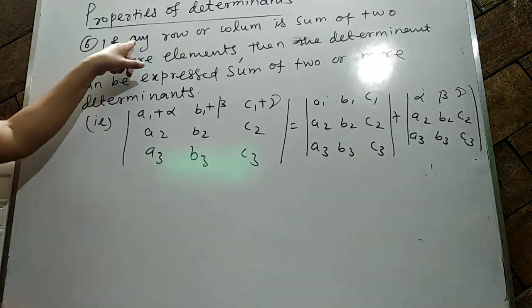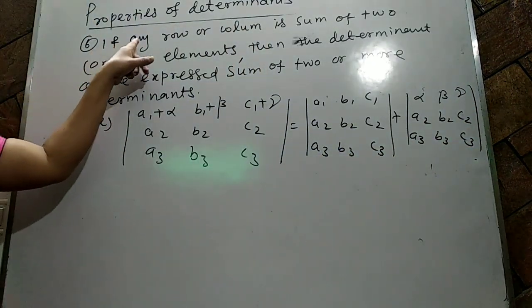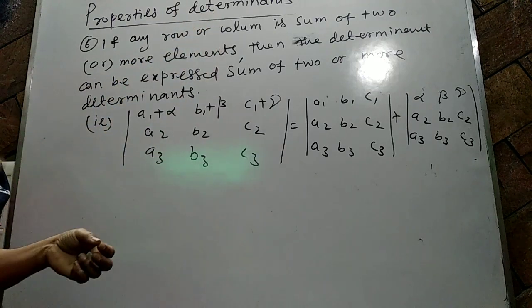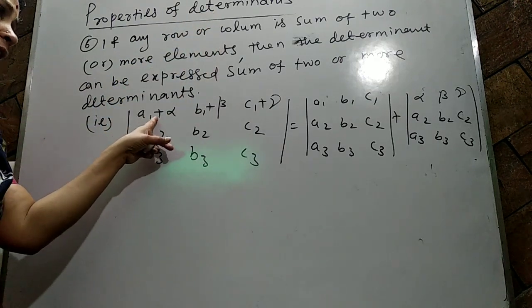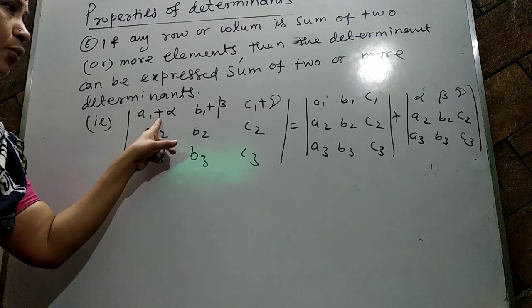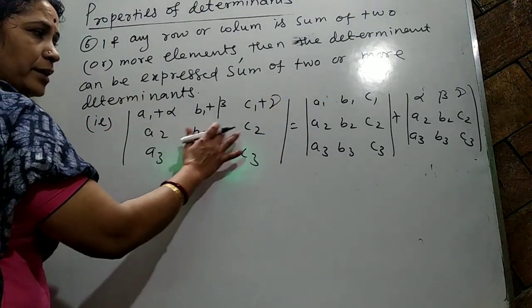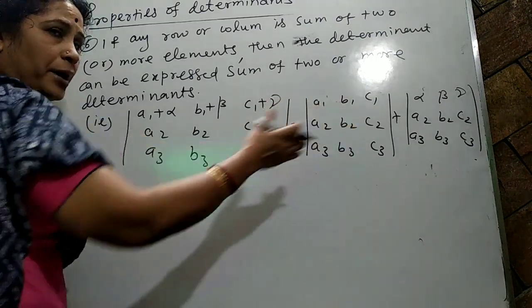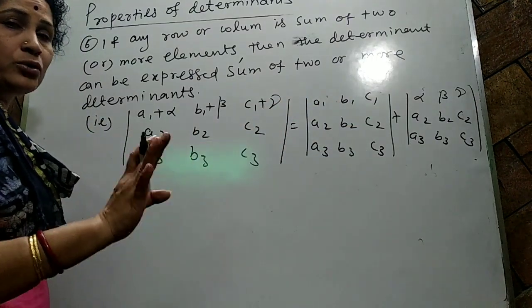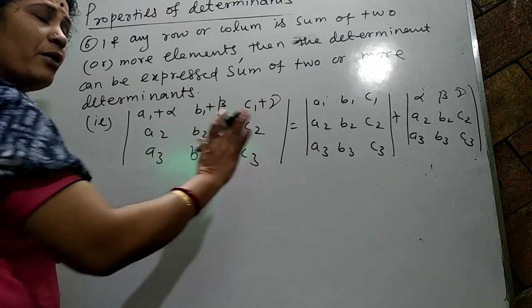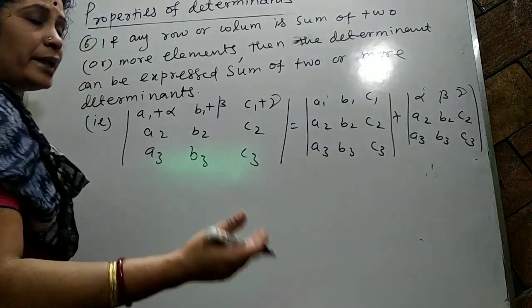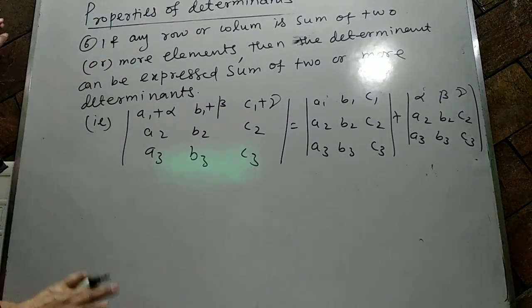So that's why I told you any row or any column, sum means sum. Here I have split the first row into two determinants. Suppose there is an addition of another element, then it will become two more determinants, meaning in total you will get four determinants. First let me explain this property, then I will explain what I am saying right now.